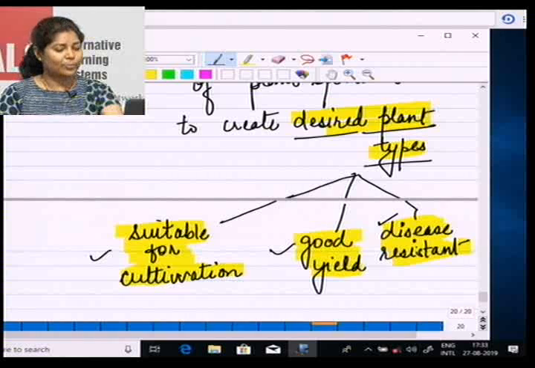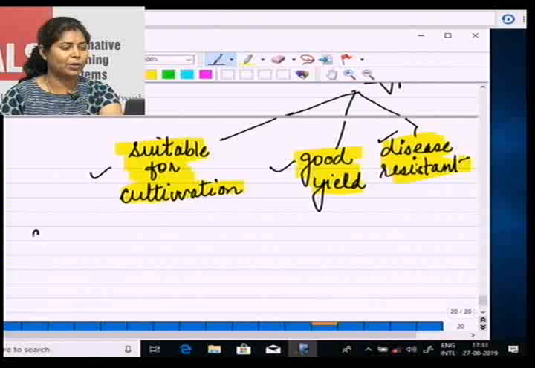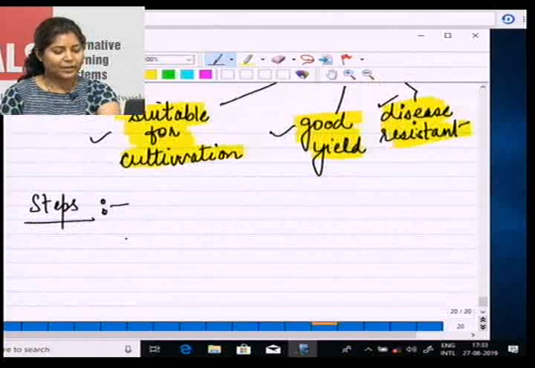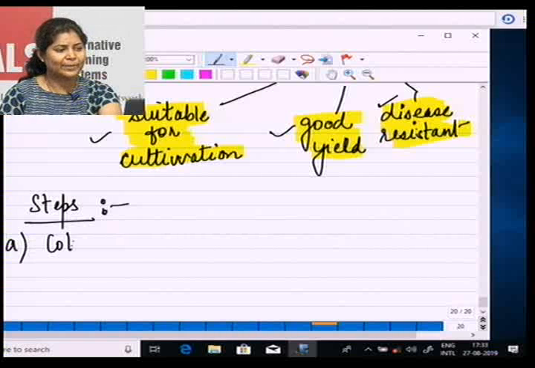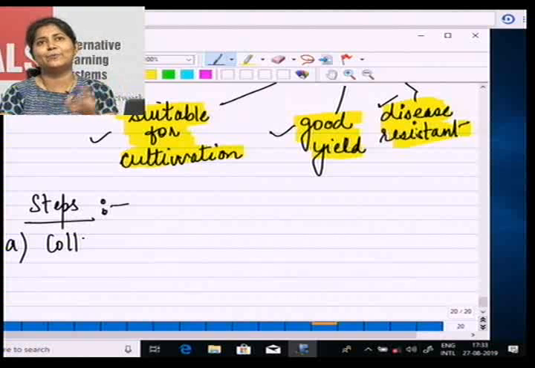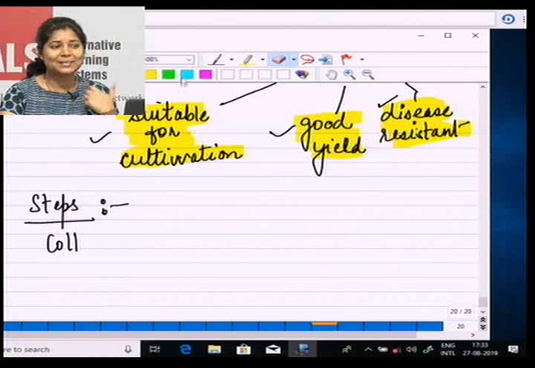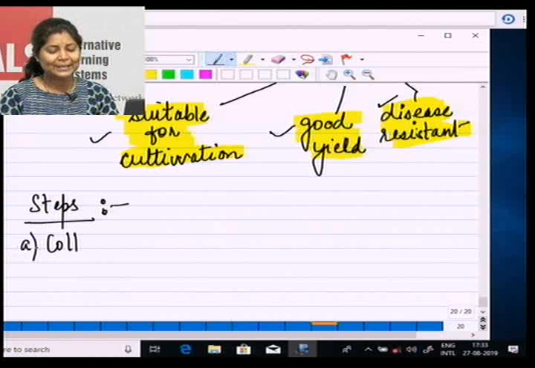Okay. So I'm moving ahead with the next thing: the steps of this particular process. The first step is you need to collect the variability. Like I gave you the example that one is from Uttar Pradesh, the other is from Maharashtra. So I must travel across the country to collect all the variations.